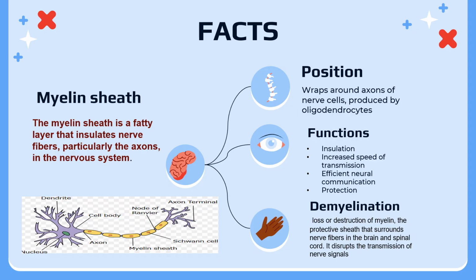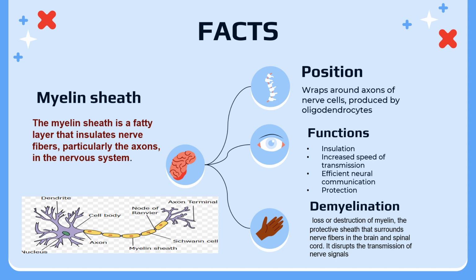Now, if you break it down, what is its position? It wraps around the axons of the nerve cells and is produced by the oligodendrocytes. What are its functions? Insulation, which means that it acts as an insulator. It prevents the electrical signal, that is your action potential, from leaking out of the axon, so the signal remains strong and focused.